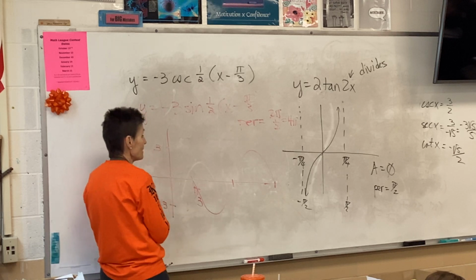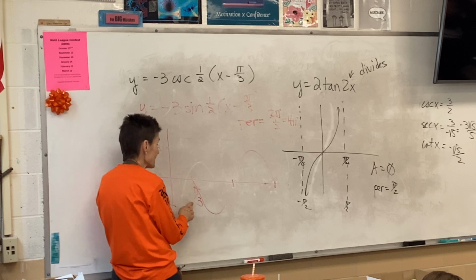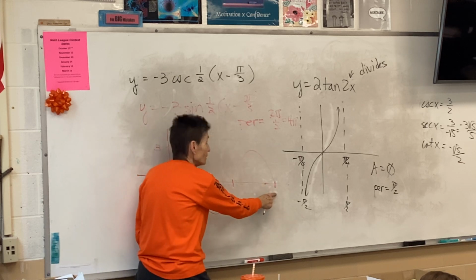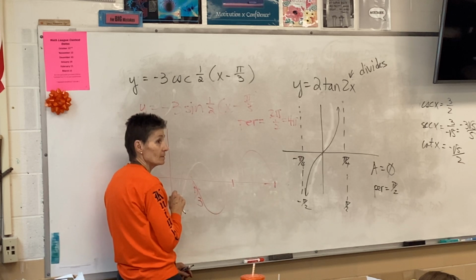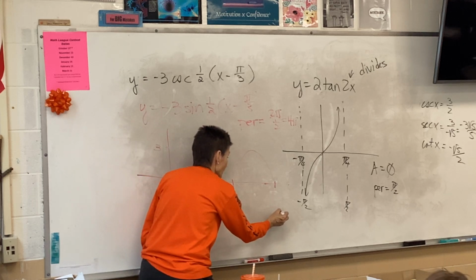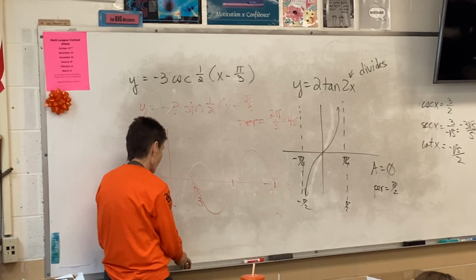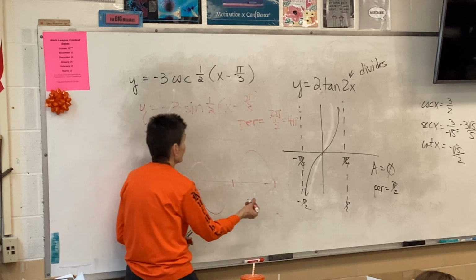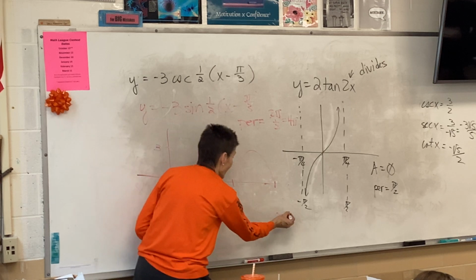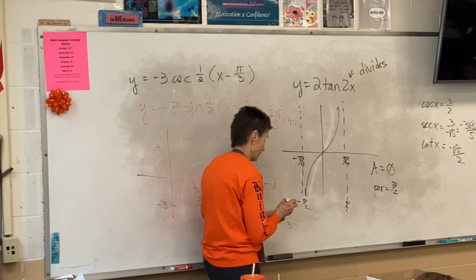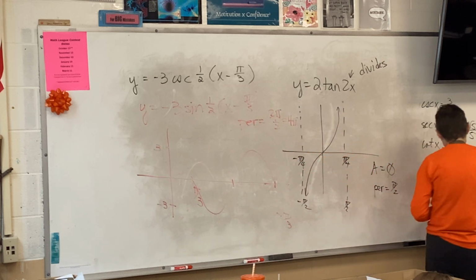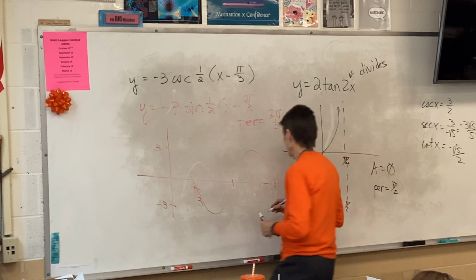So what does that mean? That means from here to here is 4 pi. So I'm going to find that number right there by taking pi over 3 and adding 4 pi.